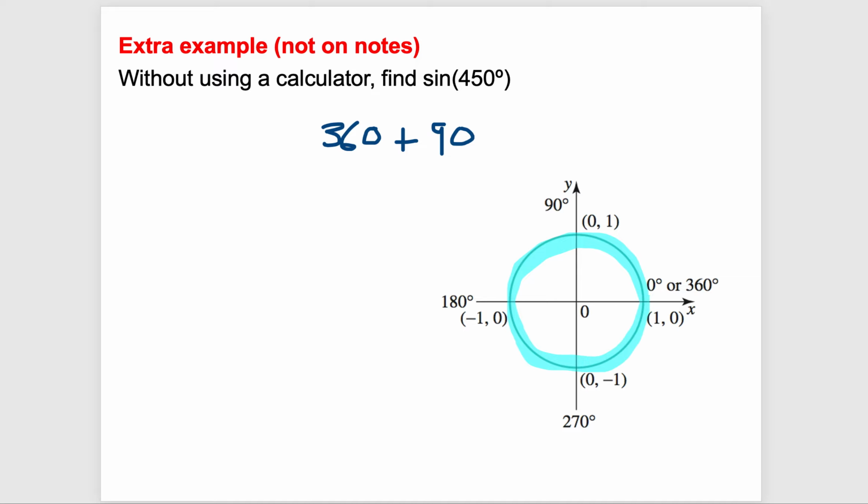I'll do it in a different color. An extra 90 degrees. The key point is that we're going to stop at this position here. And if it's sine of 450 degrees, sine we read from the y-axis. So sine of 450 degrees is equal to 1.